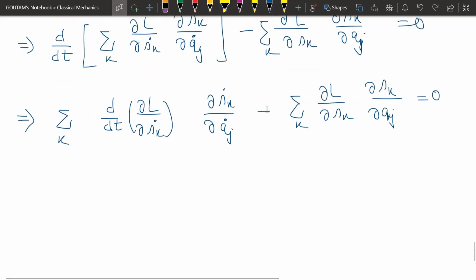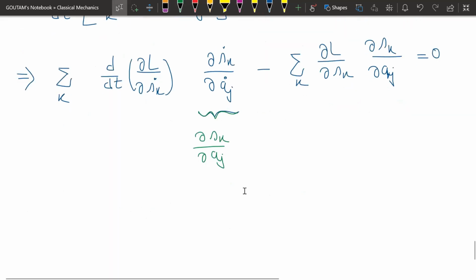Now, in one of our previous classes, we proved that del sk dot del qj dot equals del sk del qj. If you can remember, we already showed it.